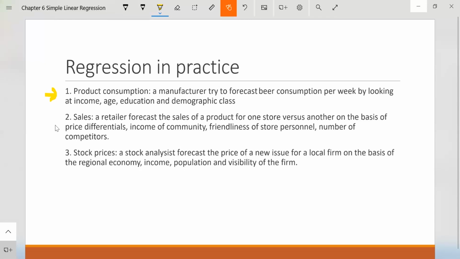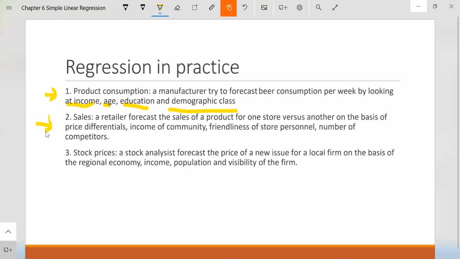The manufacturer could look at income, age, education, and other demographic information of the surrounding residents to determine the consumption per week so that the manufacturer can better plan for the production and better predict for the sales within that area. It could also be the analysis of sales.